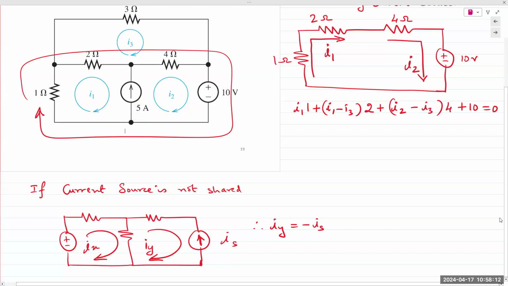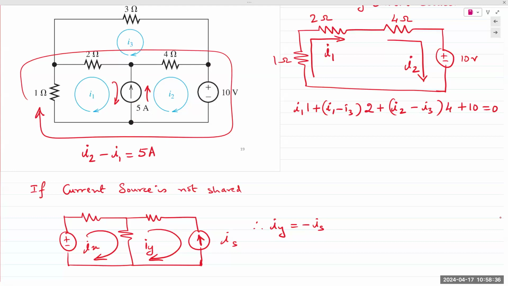So yes, that would be it. I2 is going up. I1 is coming down. So I can write I2 minus I1 is 5. If the 5 amp was going down, then it would be I1 minus I2 equals 5.